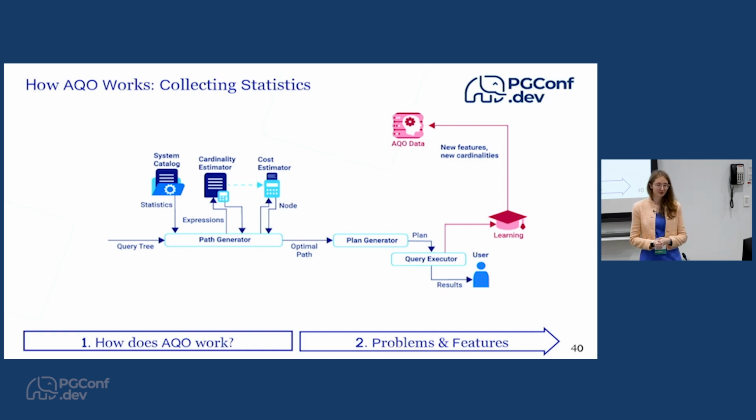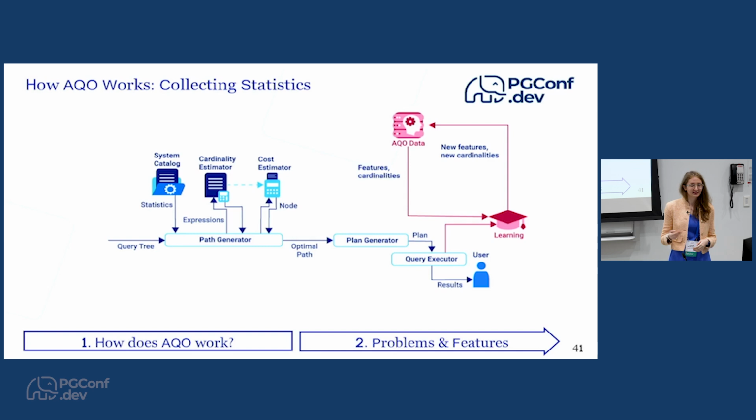If AQO knows this query, it brings out information about cardinalities and selectivities, calculates the discrepancy between real cardinality and old ones, and runs a learning procedure.